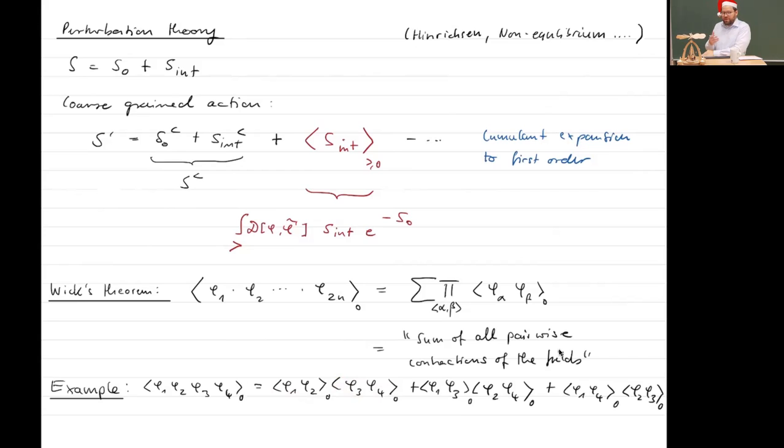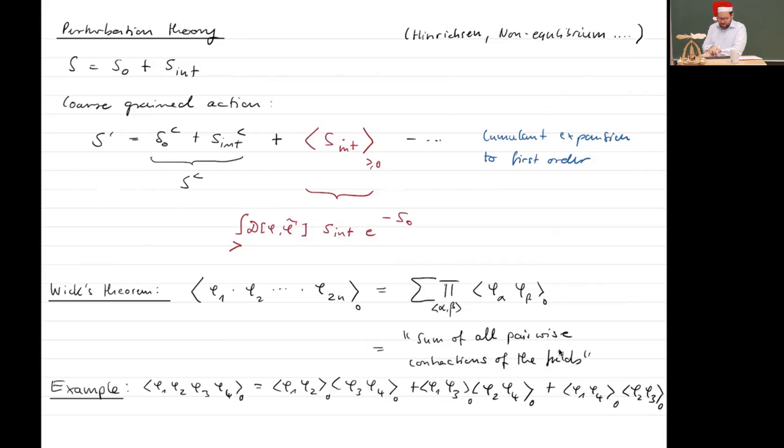Now, that reduces the complexity of the problem to something that is only second order in the fields, from something of general order. What we have to pay for is a bookkeeping problem.